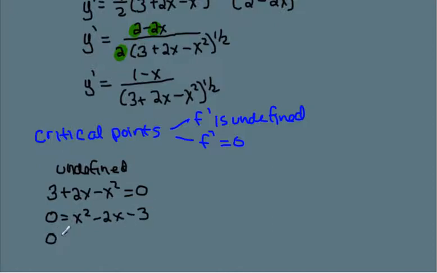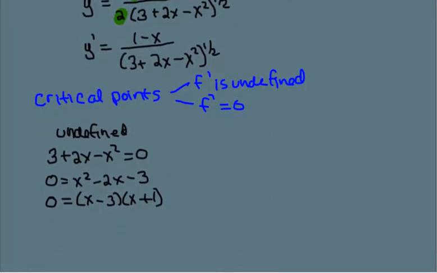That can be easily factored, because I can take factors of 3 and factors of 1 that add to negative 2, so this should be a negative and a positive. Now if I use the zero product property, x minus 3 has to equal 0, or x plus 1 has to equal 0. So x equals 3, and x equals negative 1.